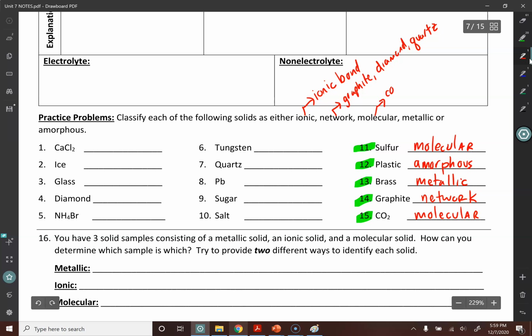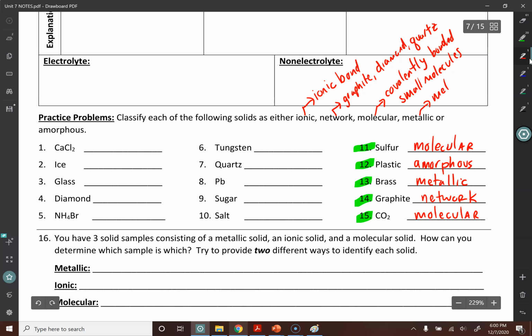Molecular. You can look for covalently bonded small molecules. CO2 counts as a small molecule, for example. Sugar, glucose, C6H12O6. Consider that a small molecule.